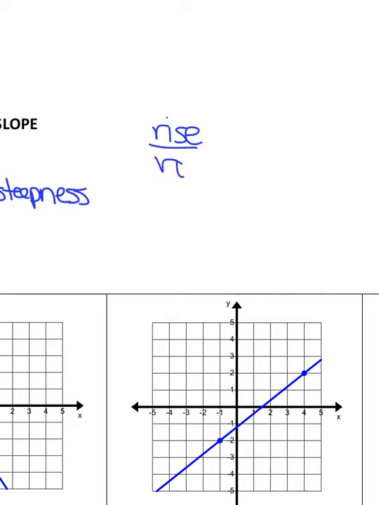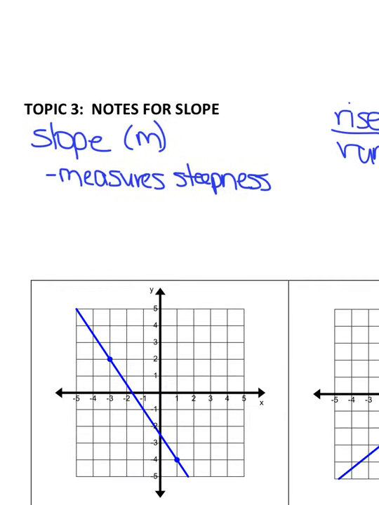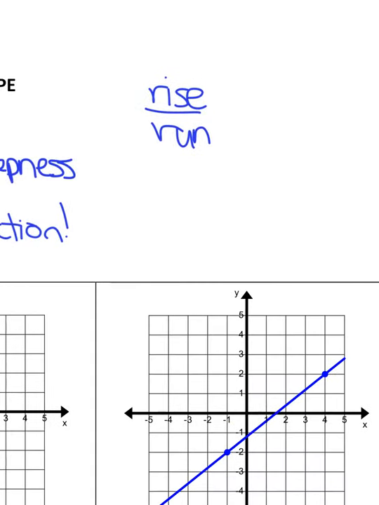It's a fraction looking like that. So slope is a fraction. It's important to recognize that it's a fraction, and it's a fraction that we talk about in terms of rise over run.